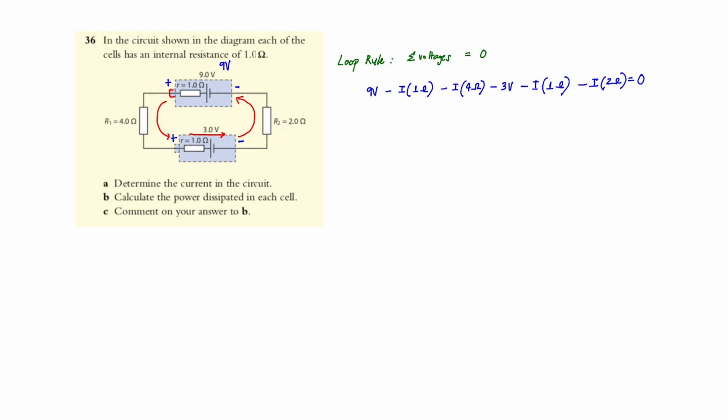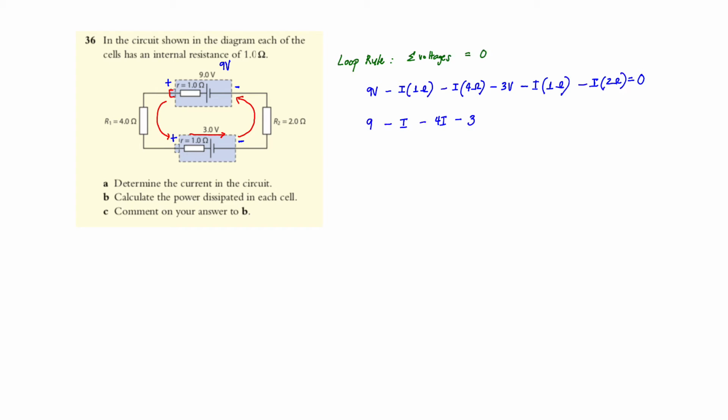So let me arrange it without units. Here we could have 9 minus I minus 4I minus 3.